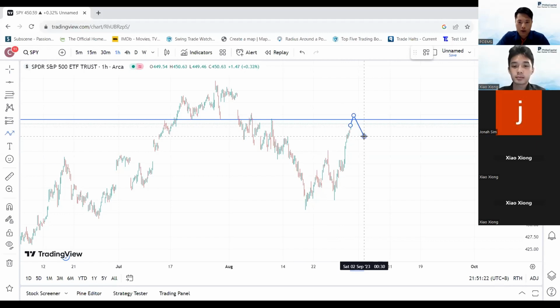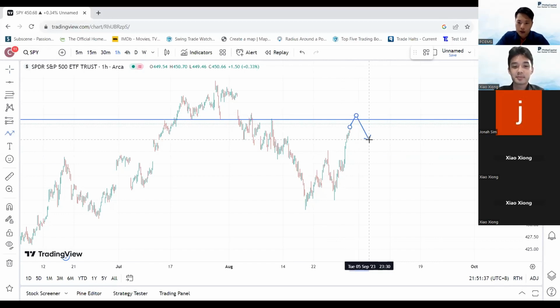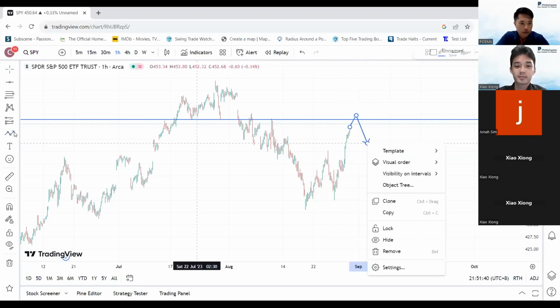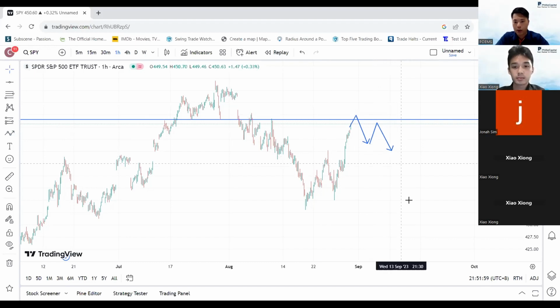But if price taps, rejects, and subsequently forms a lower high, and then starts to fall below the previous low, then that's probably where we can make a decision that the market is going to go back down.